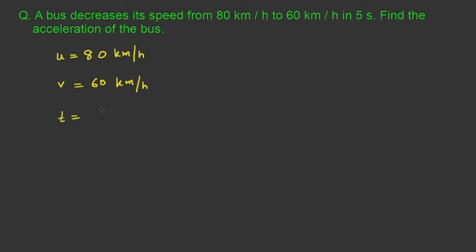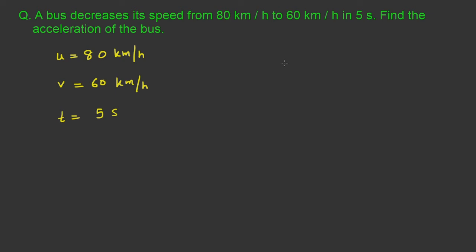Time is given as 5 seconds. It is best practice to convert the units to SI units and do the numericals. In this case, the speeds are in kilometer per hour and time in seconds. So we need to convert kilometer per hour into meter per second.